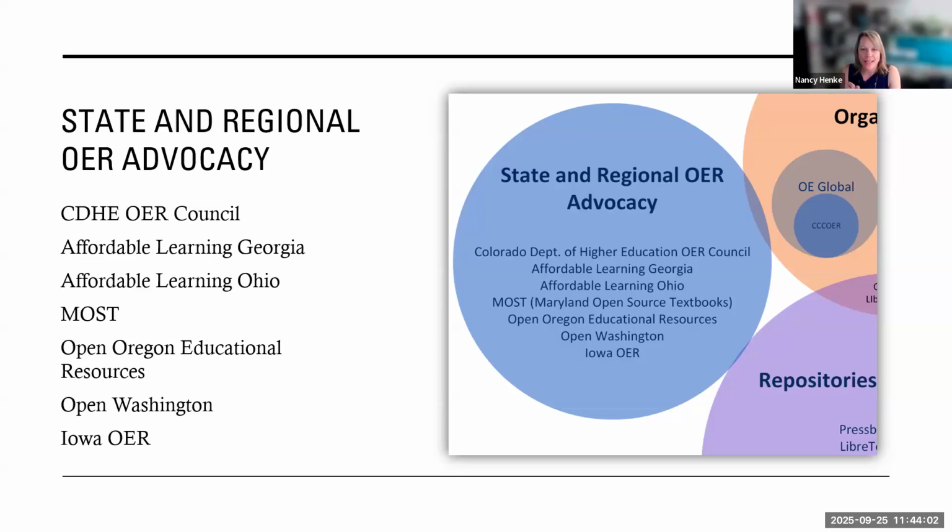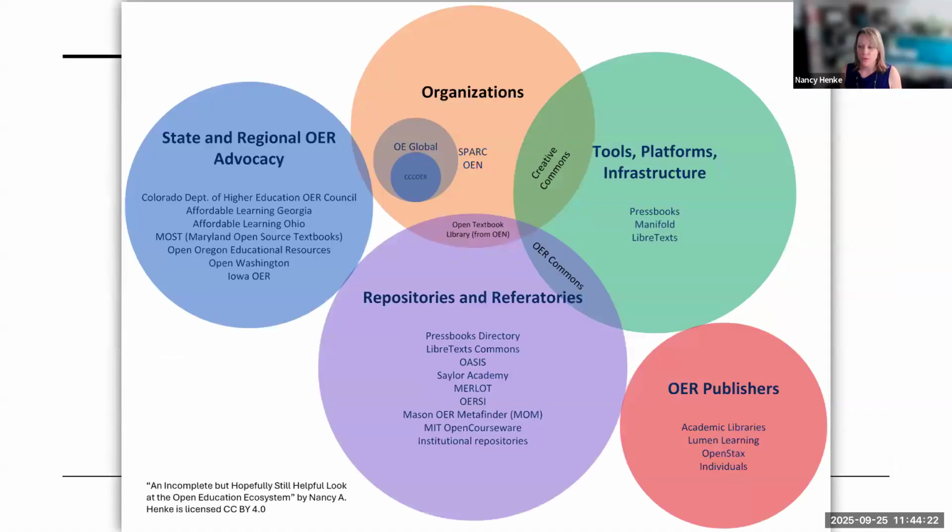They help with Pressbook licenses, right? They have a hub in OER Commons. So this is again where it gets complicated. I couldn't necessarily say that all of these places do that, but CDHE OER Council I know would kind of be in the center of this because they're helping with the education and pointing people in all these directions that help them learn more about this. So, woo, there's a lot there.